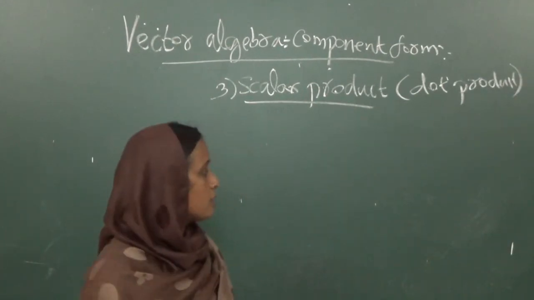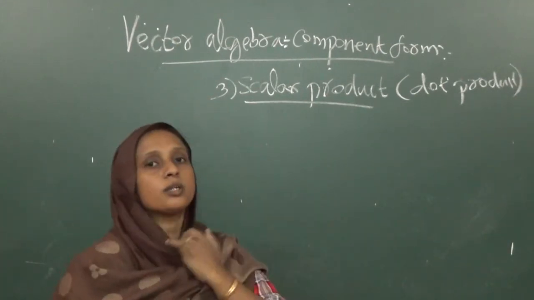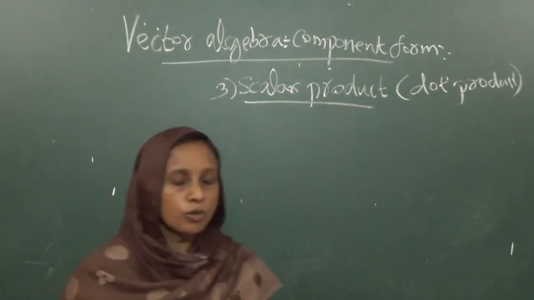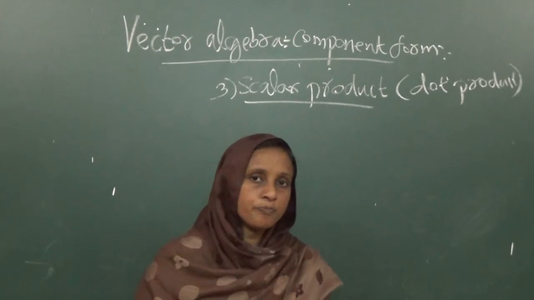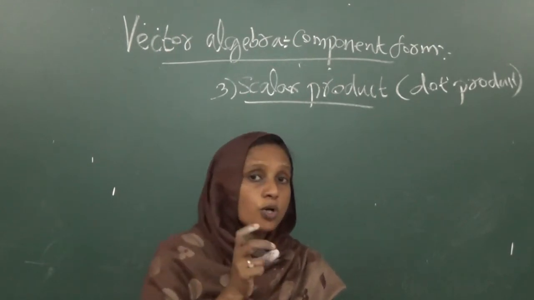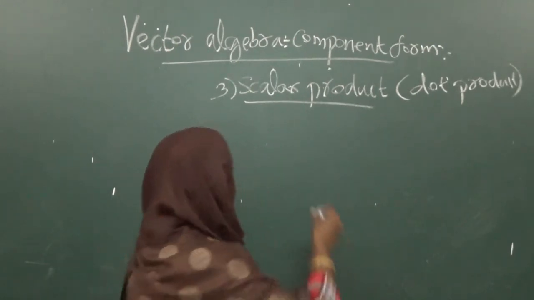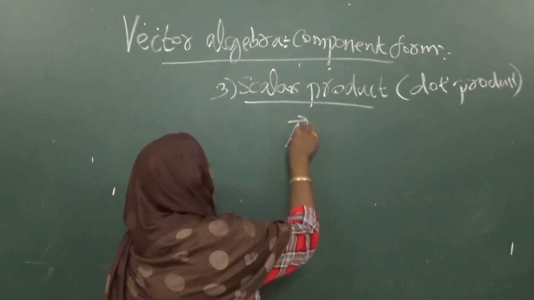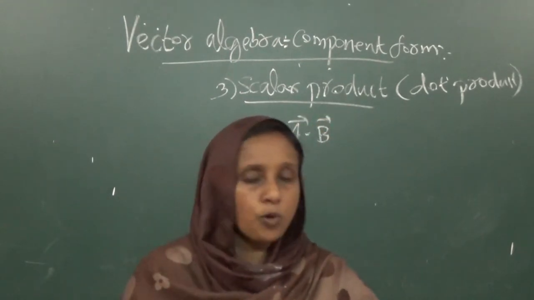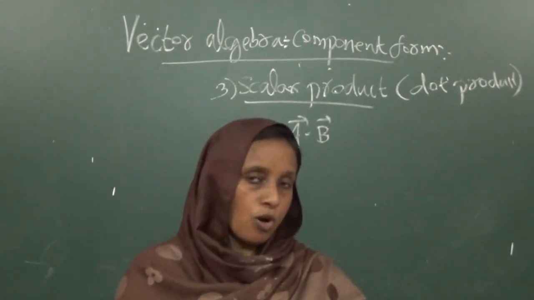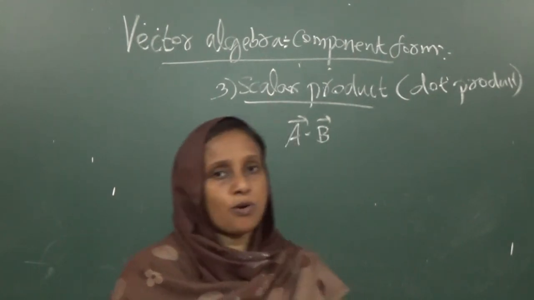We have already found that A dot B is a scalar quantity, so it is called scalar product.